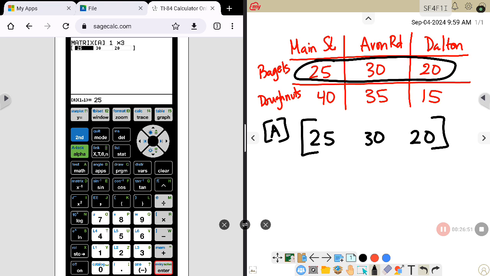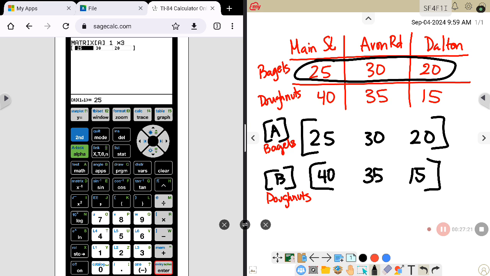So now I'm going to do the same thing for the donuts. So this is the bagels. And then the next matrix, which I'll put in the second one, is the donuts. So here I've got 40, 35, and 15.